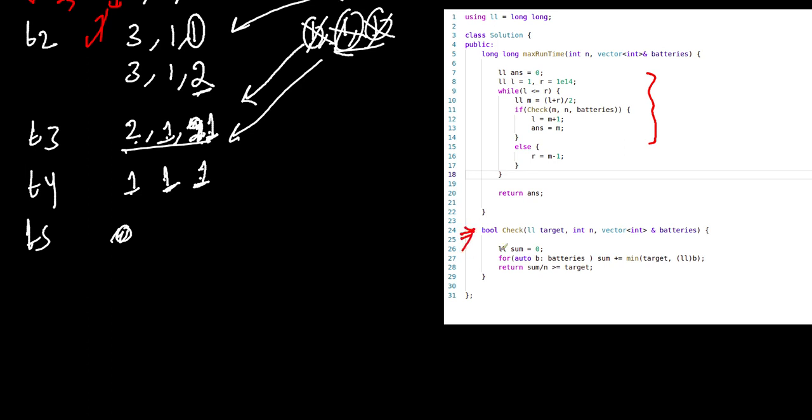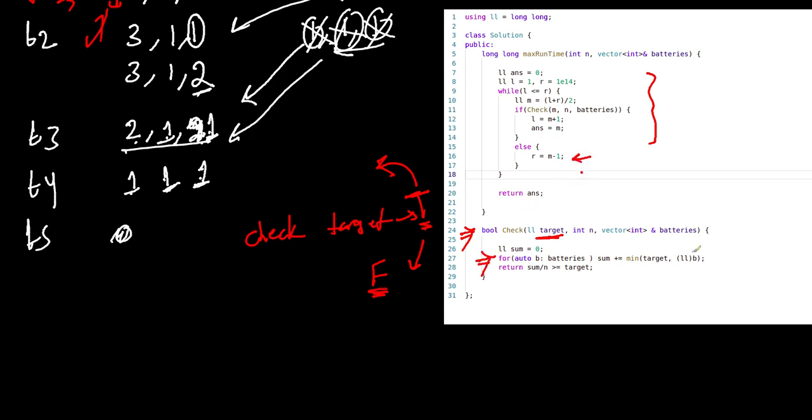We have a function check that tells us if it's possible to have the target as an answer. If check target returns true, we try a higher value. If it returns false, we try a lower value.